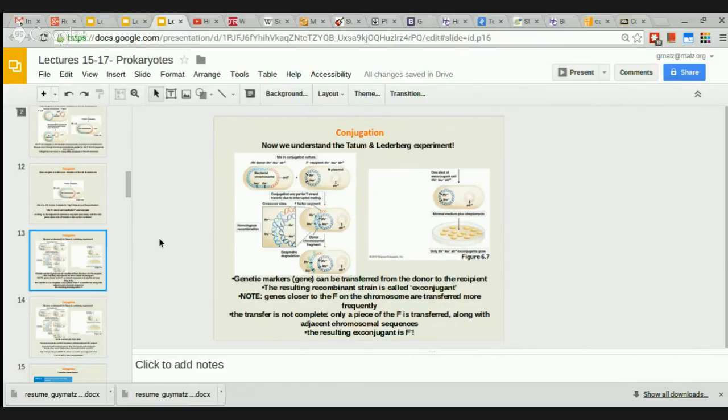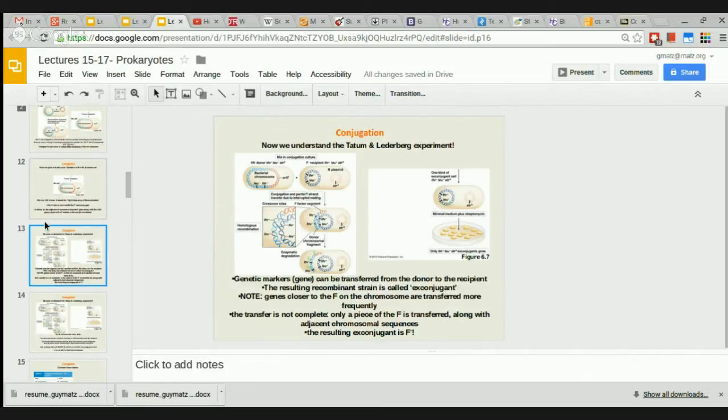The longer you wait, the higher the probability that it's interrupted and the fragment being transferred is broken. Then that fragment can recombine with the bacterial chromosome, and that's how you get gene transfer and conversion of phenotypes by homologous recombination. That's how, in the Tatum and Lederberg experiment, if you allow cell-to-cell contact, you get production of recombinants. And that's also a mapping technique. So that graph is important.